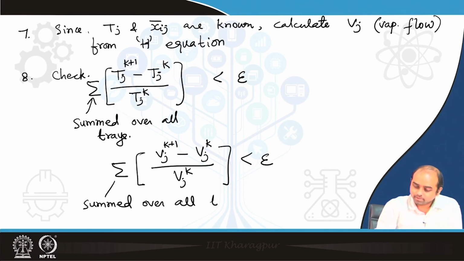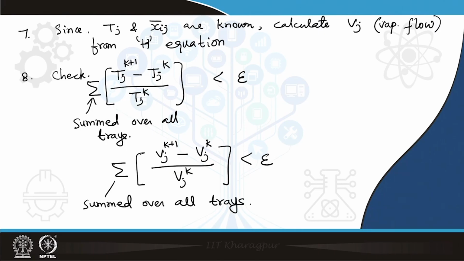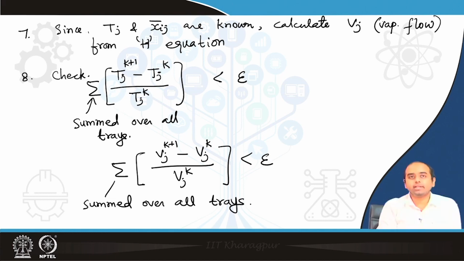So if you check this relative error as the difference of the temperature and the difference of the vapor flow rate across all the trays, they have to be less than the specified tolerance. So this is a check. If not, then the new values of your Tj and Vj from step number 7 have to be used in the first stage as your initial guess, and then you redo this calculation and continue this checking.